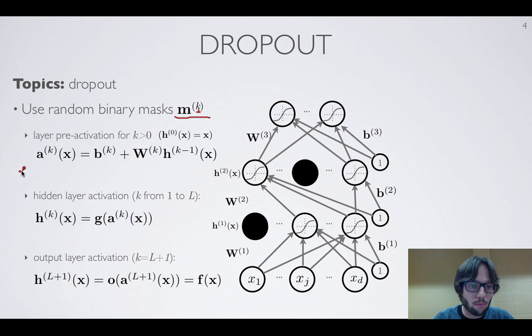We'll compute our pre-activation like we do normally, but now we'll change the definition of the hidden layer by incorporating a multiplication with 0 if, with probability 0.5, we decided to set the hidden unit to 0, and otherwise by multiplying by 1 we retain the value of the hidden layer. So this idea of dropping out hidden units, we can implement by multiplying by this binary vector that we sample every time we do forward propagation.